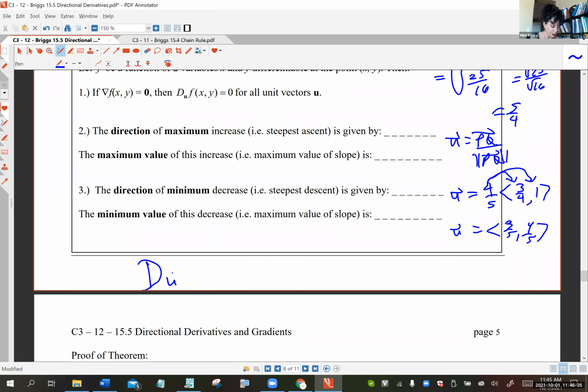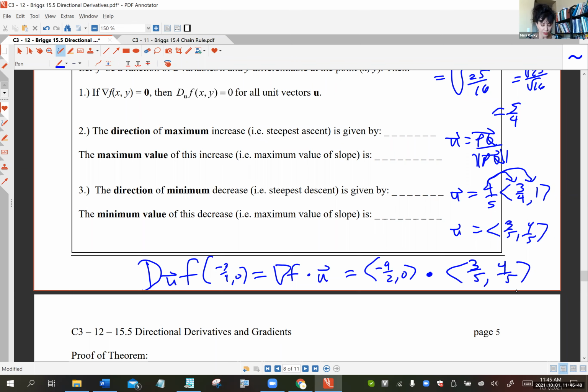Now my directional derivative of the function at the point negative 3/4, 0 is going to be the dot product of the gradient with my unit vector. Remember, my gradient was negative 9/2, 0, and I'm going to take its dot product with the unit vector 3/5, 4/5.